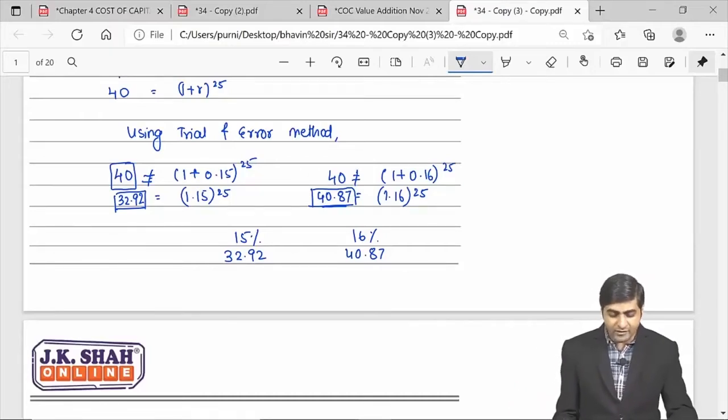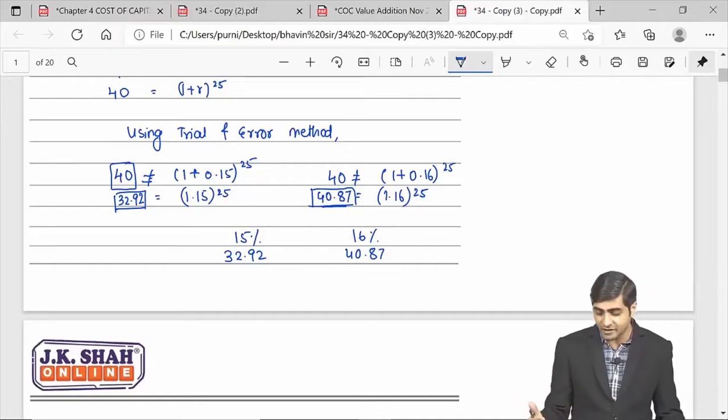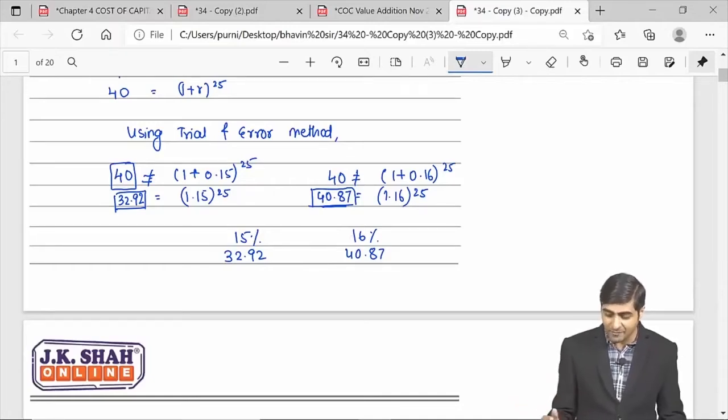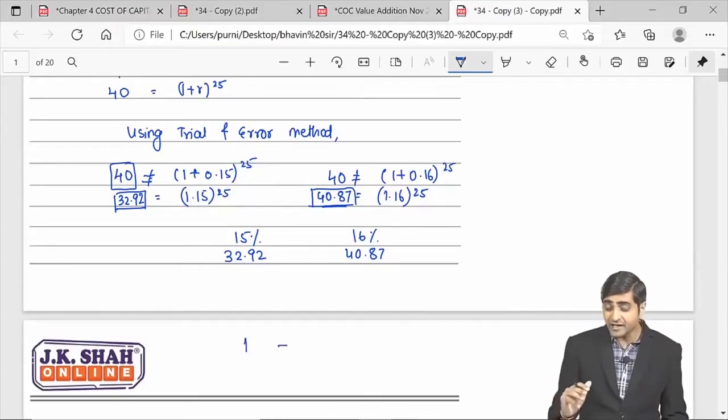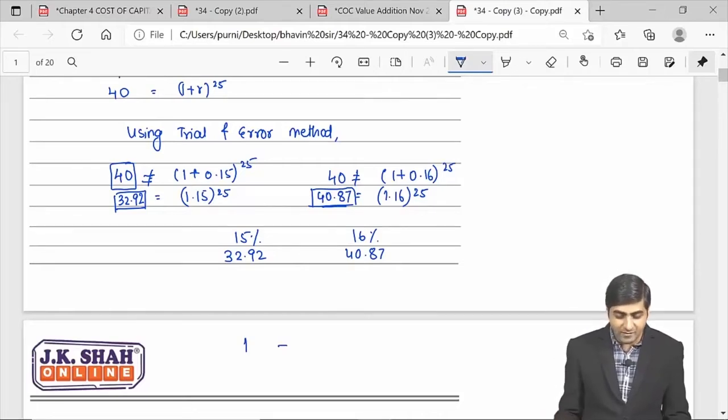So now we will take the difference. As you can see, between 15 and 16, we call this interpolation, as while doing your capital budgeting. So here also the same concept will be applicable. Between 15 and 16 the rate difference is 1%, and the difference in factors is 40.87 minus 32.92, which comes as 7.95.